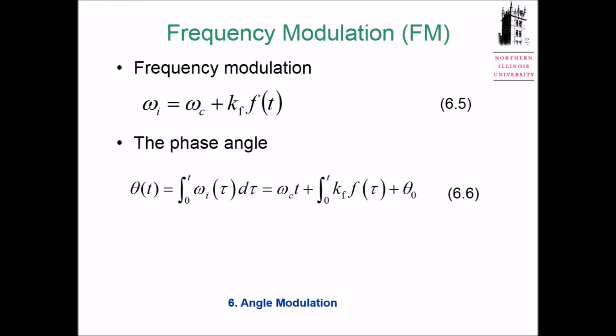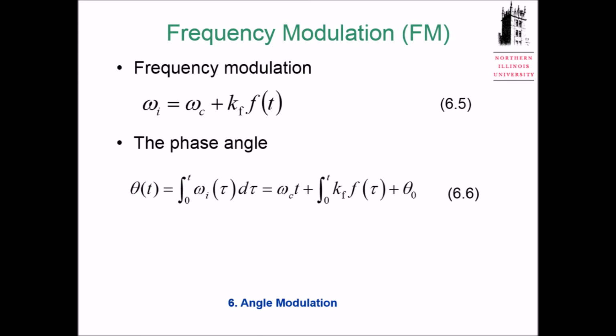is d theta dt. The derivative of omega c t gives omega c only, and here we have the derivative of the message, f prime of t. Kp is a constant. So you have a baseline, and the frequency will oscillate around it. How far it differs from this omega c depends on two things: how big your message is, and the constant you choose.